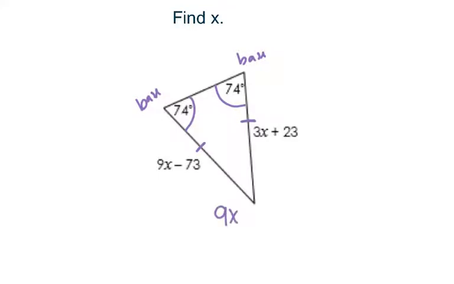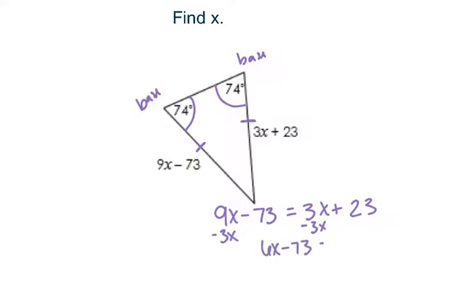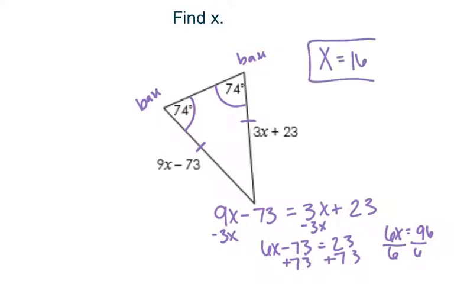So I'm going to take the two legs, set them equal to each other, and then solve for X. I'm going to move the 3X over here, move the 73 to the other side. 96, and then I'm going to divide both sides by 6, and I get that X equals 16. So just using that theorem and applying it to problems is what we're doing.